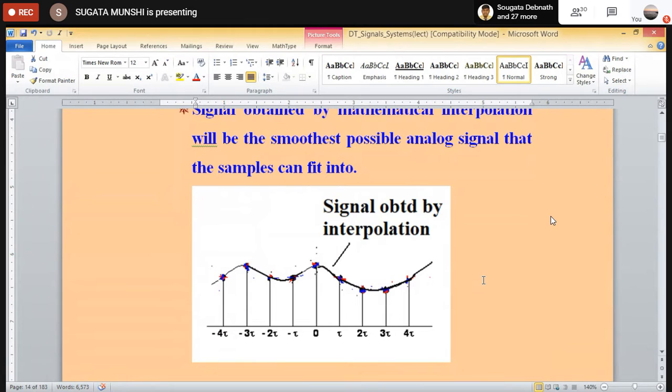The samples could have been samples of infinite number of other signals that I have shown. So if you just carry out mathematical interpolation, that won't give you the true picture.